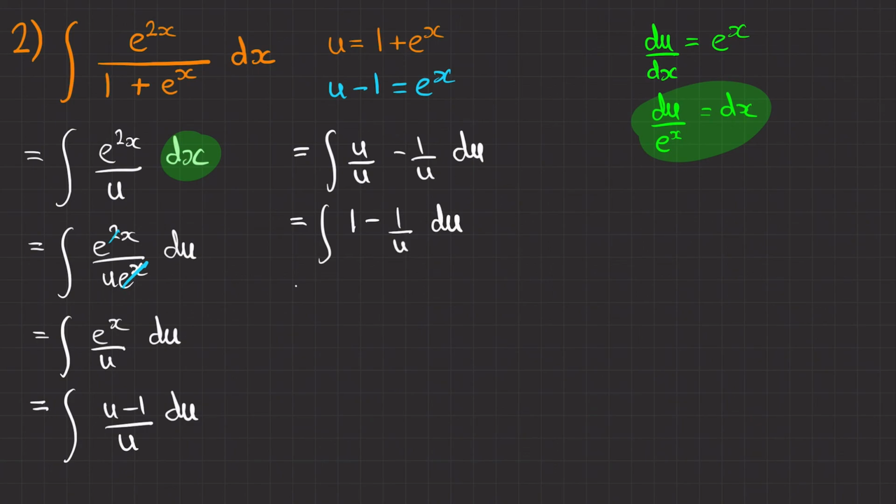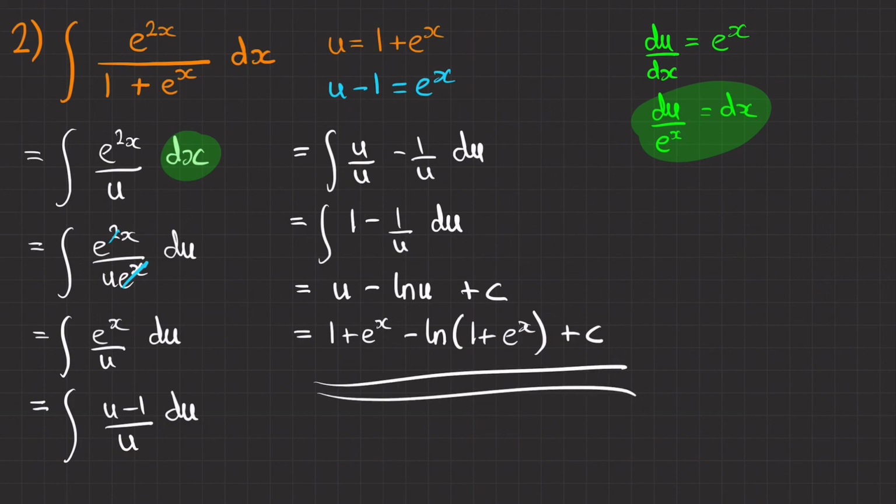Integrating this now, 1 integrates to u, minus 1 over u integrates to ln u, and we've got plus c. So all that we need to do now is substitute back in our u value. So we have 1 plus e to the x minus ln of 1 plus e to the x plus c. And there's our final answer.